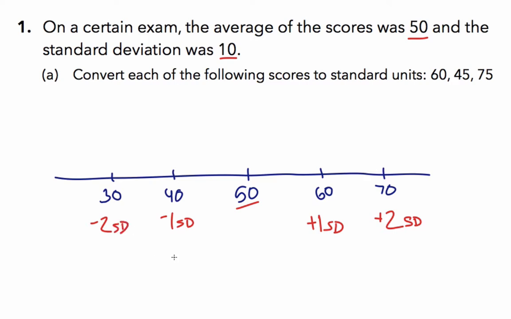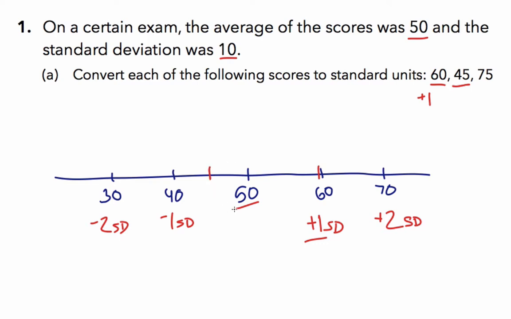For part A, we're asked to convert a number of scores to standard units. The first score, 60, is here on the number line. We already mentioned that 60 is one standard deviation above the mean, so its standard unit is plus 1. Next, 45 is located here on the number line.